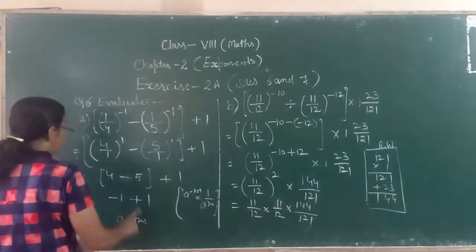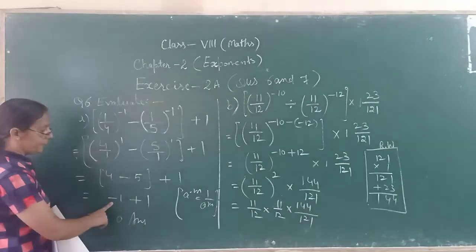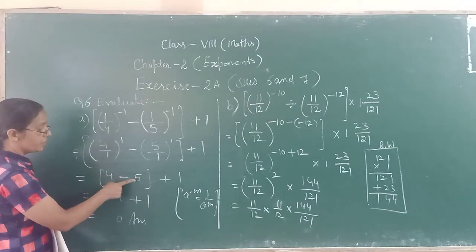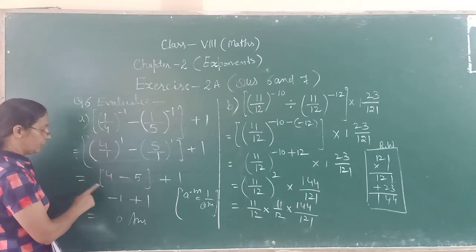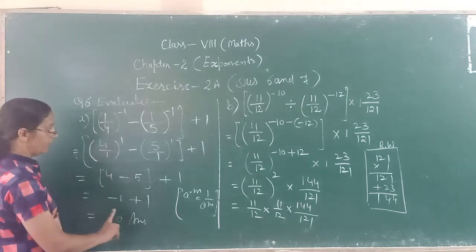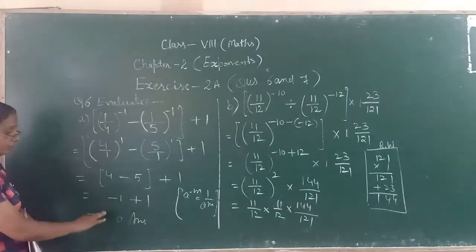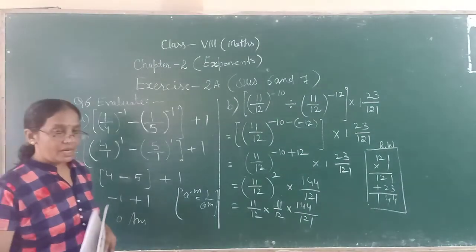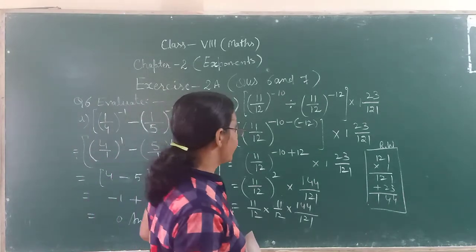So 4 minus 5 will become minus 1, because 5 is greater than 4, and this minus 1 plus 1, bracket removed, will become 0. So that is the A part answer of exercise 2A, question number 6.